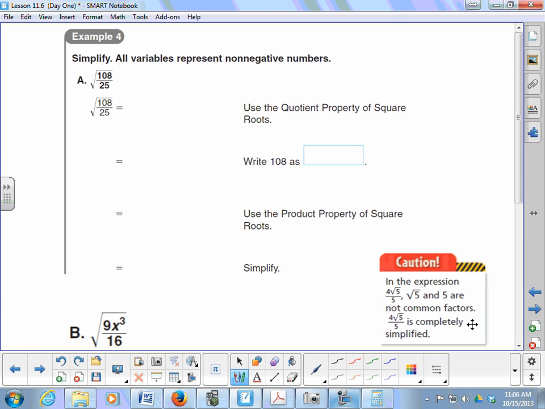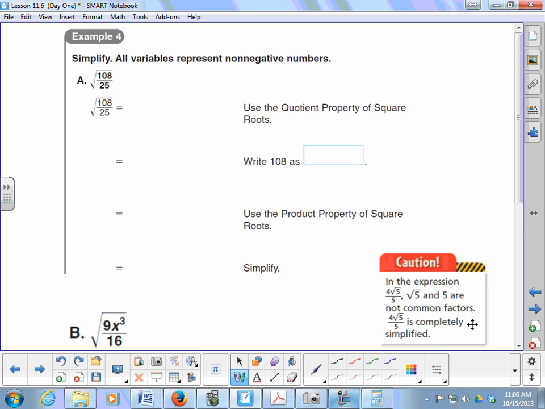So we're going to start out with the square root of 108 over 25. What's the first thing I look to do? Okay, simplify. All right, does 25 go into 108? No, it goes into 100, right? Okay, but not into 108.